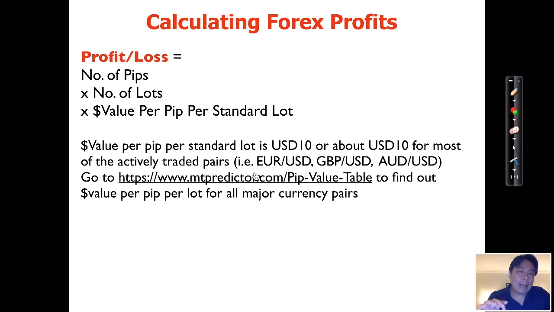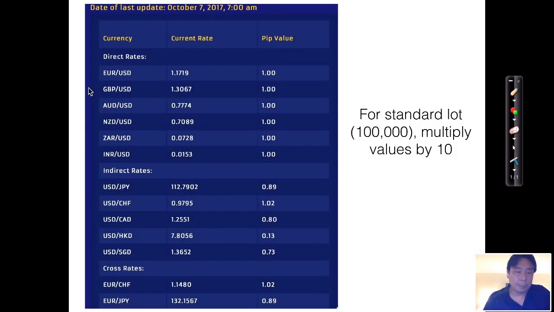But to get the exact value, you can go to this website over here, which is mtpredictor.com/pip value table to find out the exact dollar value per pip per lot for most of the major currency pairs. So if you go to the website, you will see something like that, okay? And again, this changes all the time.